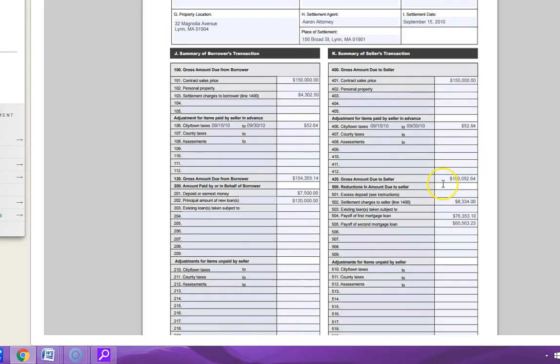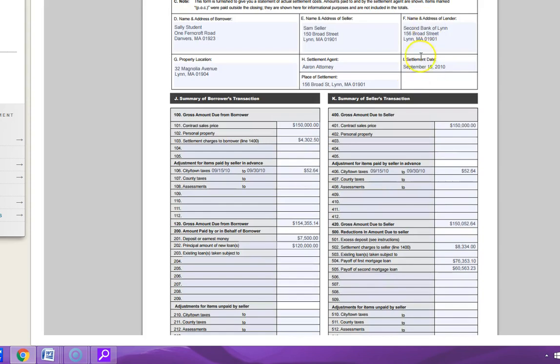If instead we were closing on July 15th and the August bill wasn't out yet, okay? Meaning the fiscal year began on July 1st, the seller's not selling until July 15th, and the bill won't be out until after closing. So there's taxes that are unpaid by the seller for a period of time that he owns the property and is living there. And you put that adjustment on line 210 and 510.